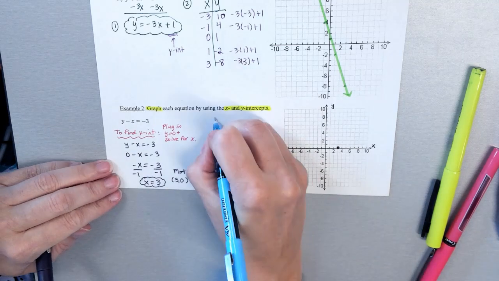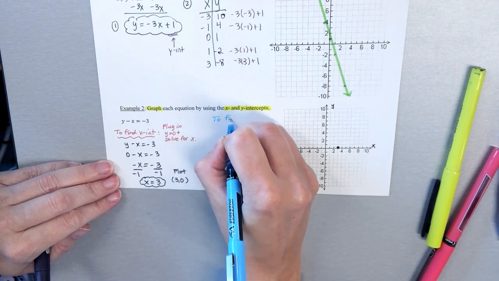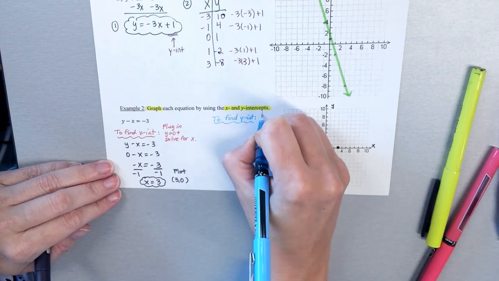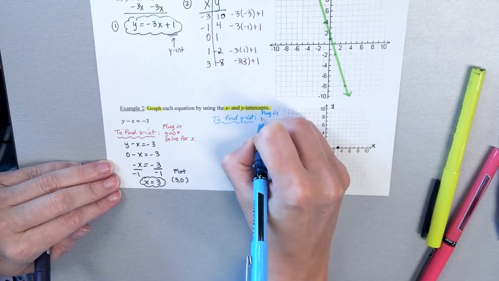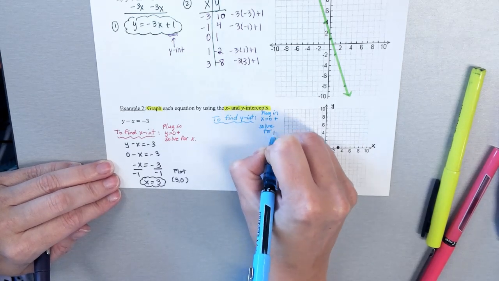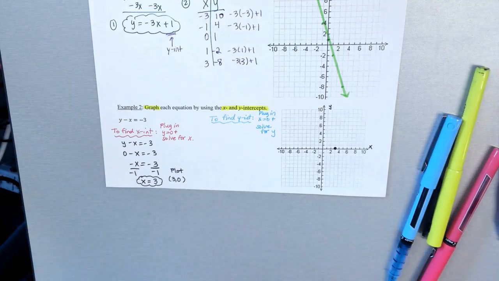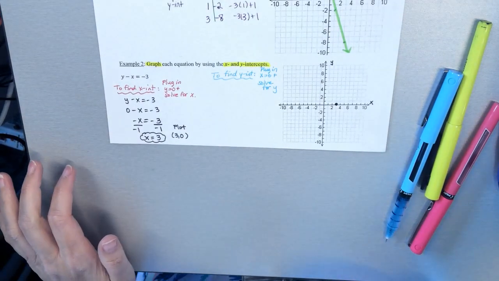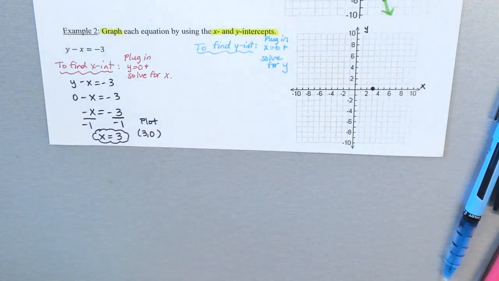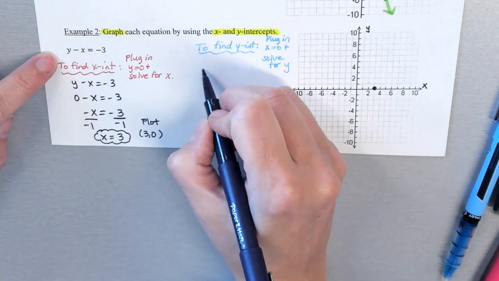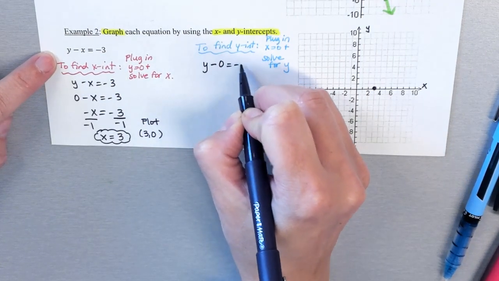All right, and then to find the y-intercept, that's where you can plug in x equals 0, and then you would solve for y. Okay, so you can plug in x equals 0, and you can solve that for y. So again, we're going to take this. So this would be y minus 0 equals -3.